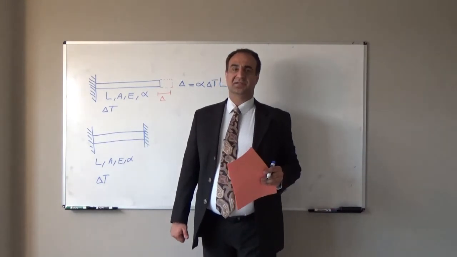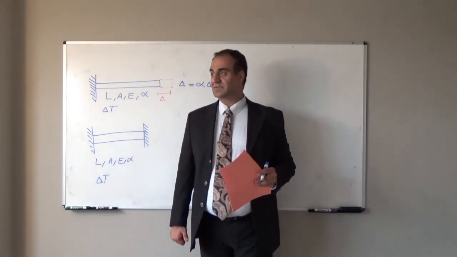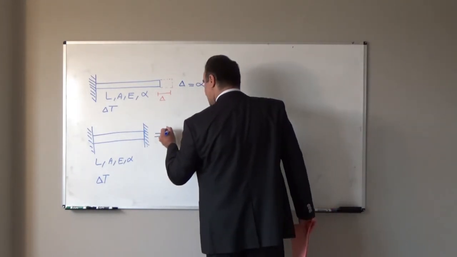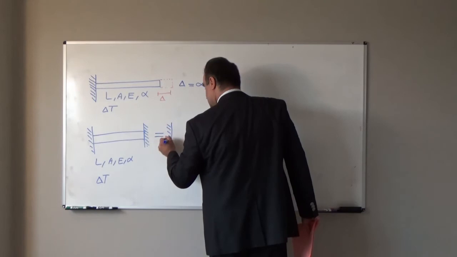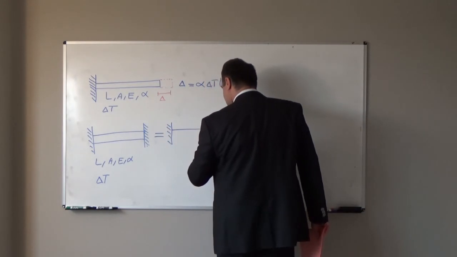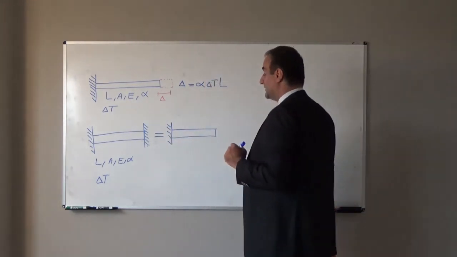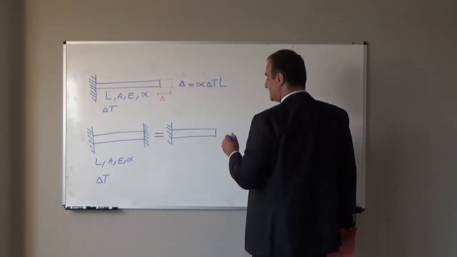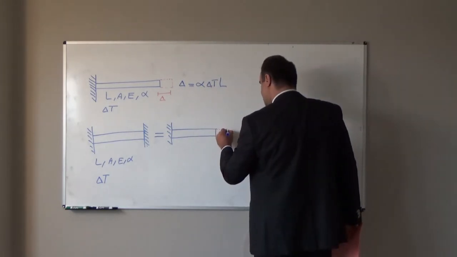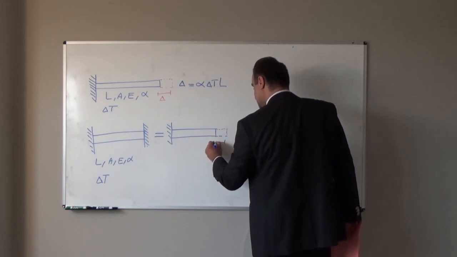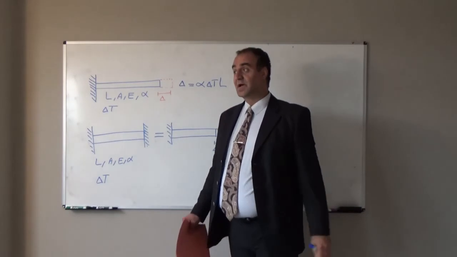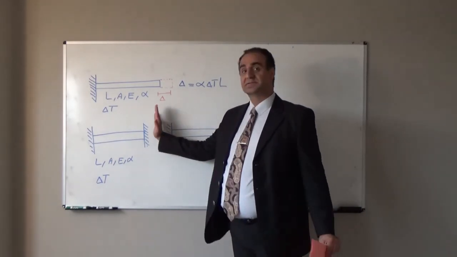How can we calculate that? It is easy to calculate. If we want to calculate that stress, assume this is one end fixed, one end free. If I increase the temperature, what will happen? We will have deformation as much as delta, if it is free. But now we have a wall, another support here.